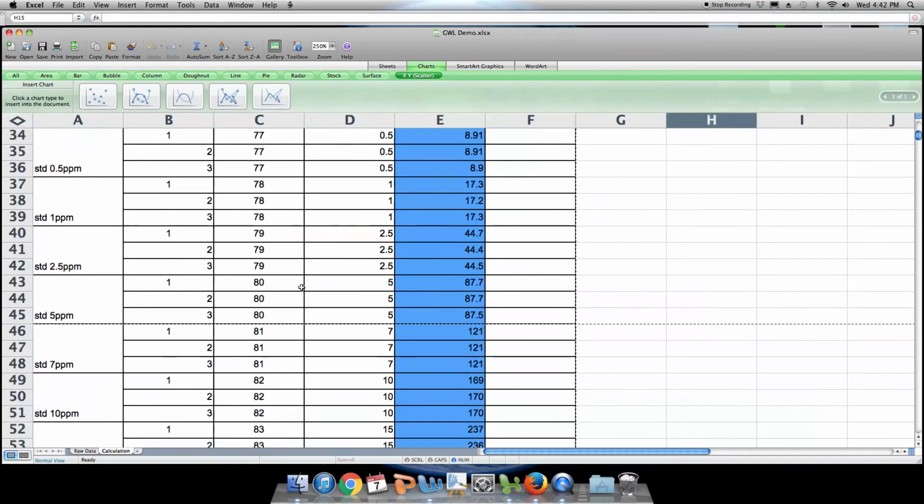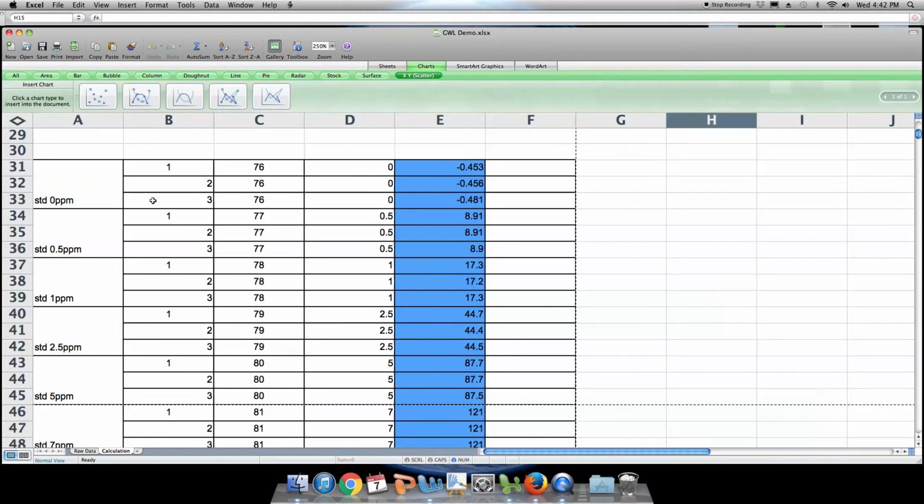We'll scroll down a little bit, and here are the standards, the number of injections. We made 3 injections of our 0 part per million standard. That was in cup number 76 and had a known concentration of 0 milligrams per liter.